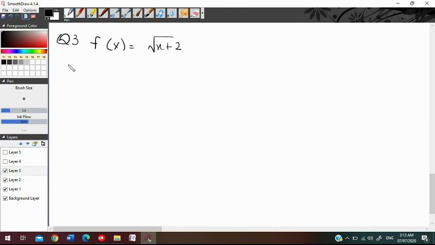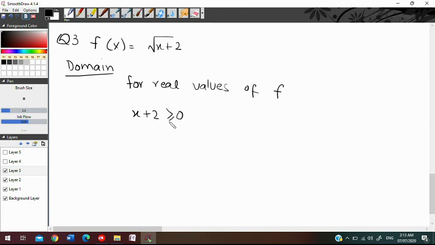So, for the domain of this function, we check this function on real numbers, and for real values of f, x plus 2 is greater than or equal to 0.